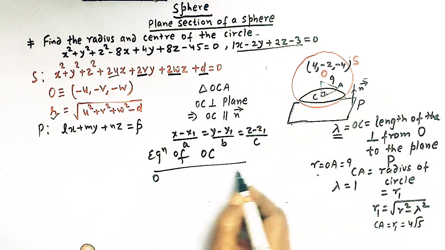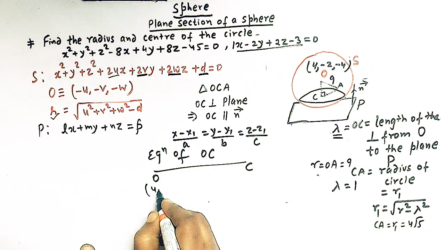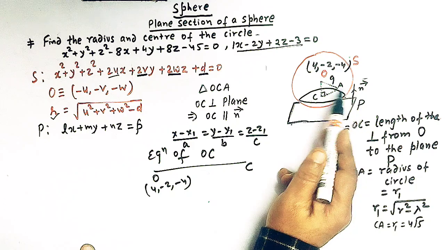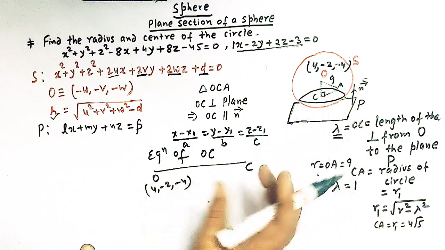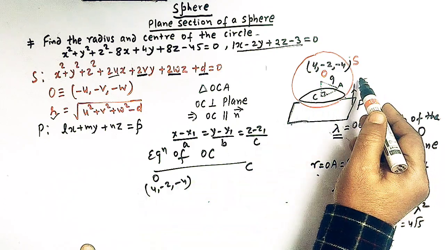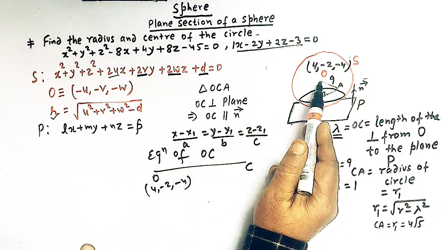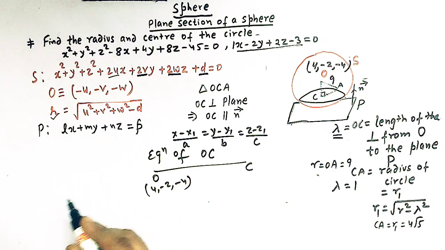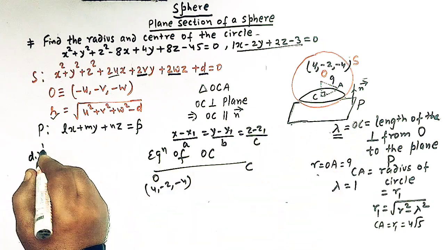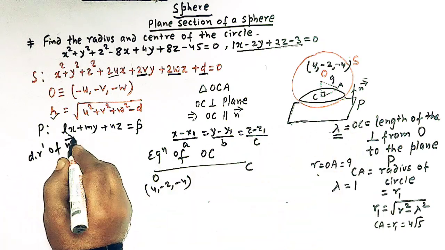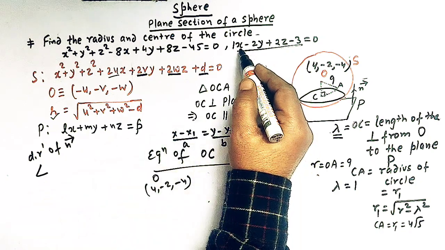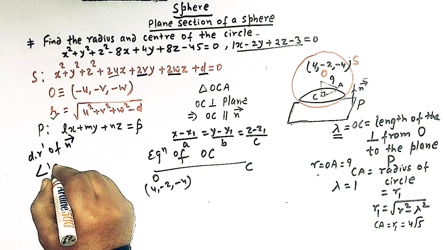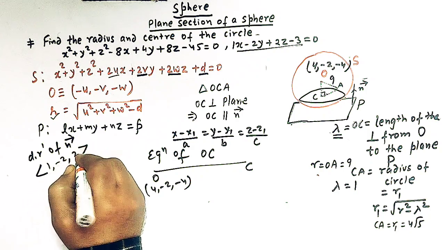So here we have OC, and the point O is 4, minus 2, minus 4, right? And the direction ratios of OC are the same as the direction ratios of the normal vector, because this line OC is parallel to the normal vector, and the direction ratios of the normal vector are given by the coefficients of x, y, and z. So here we have 1, minus 2 and 2, right?